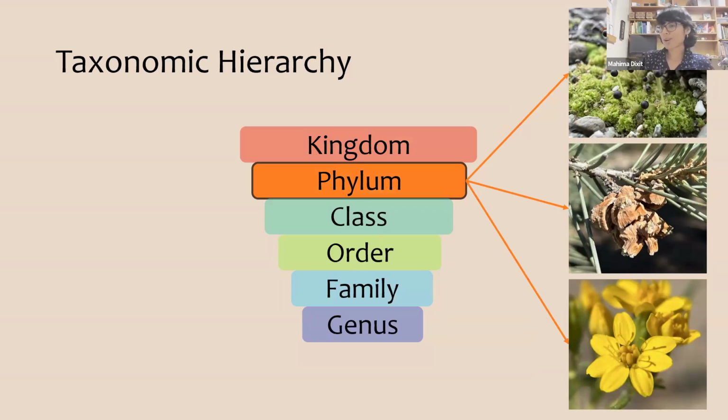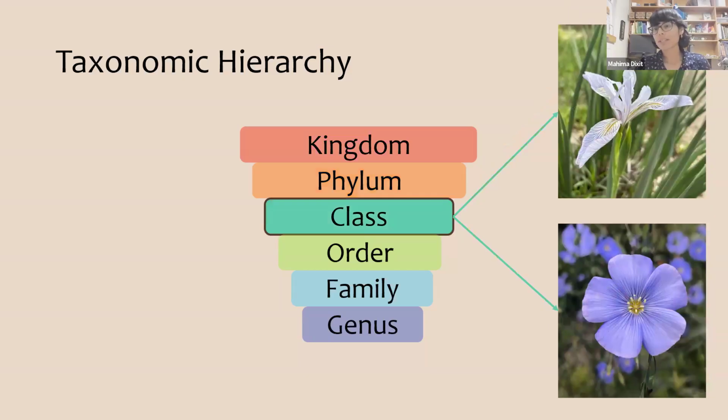So those are our non-vascular plants that include our mosses, hornworts, and liverworts. And another phylum is our cone-bearing plants or gymnosperms, like our pine trees. And the other phylum is of the flower-bearing plants or angiosperms. Eriogonum is a flowering plant, so that is a phylum that we are in today.